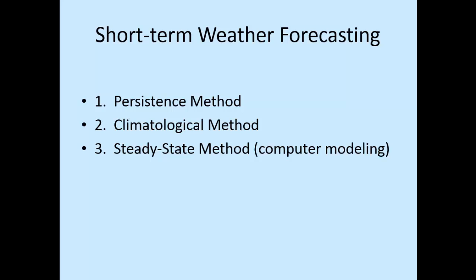Second one is called the climatological method, and that's simply taking a look at your long-term 30-year average temperatures for this date and applying them to that date. For example, today, which is November 19th, our normal high here in Prescott is 59, our normal low is 30. And then finally, the third one is what we call steady state, or just simply using computer models. I'll show you how we can do that sort of thing.